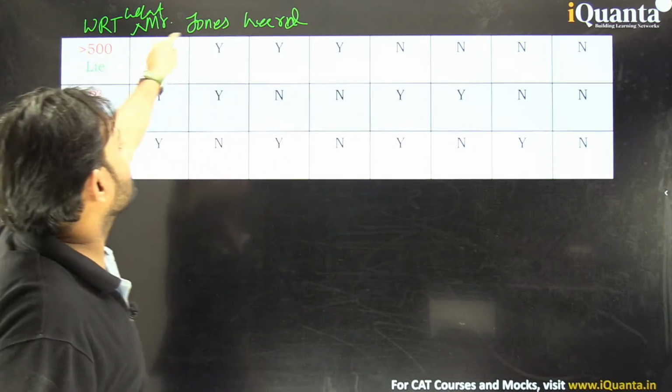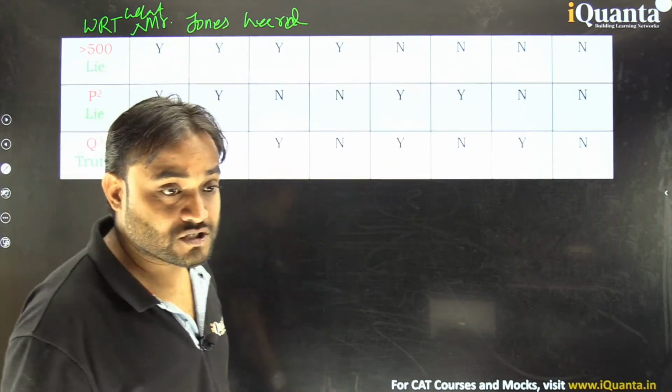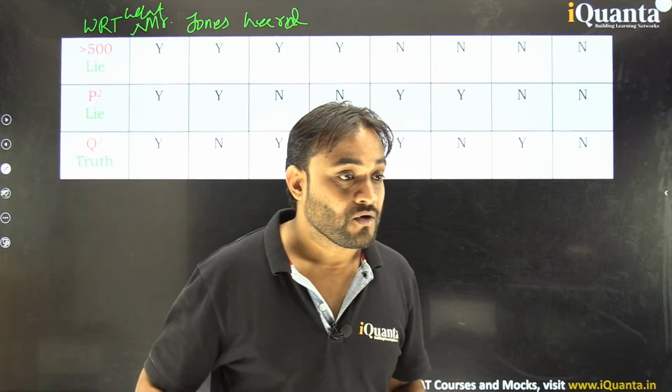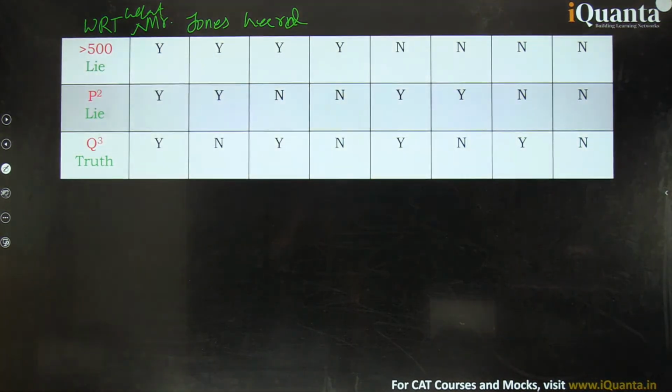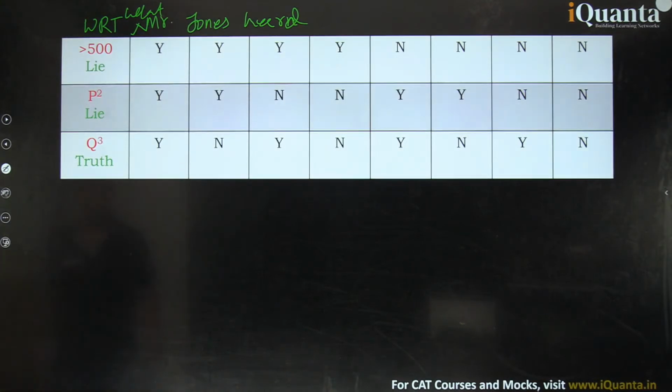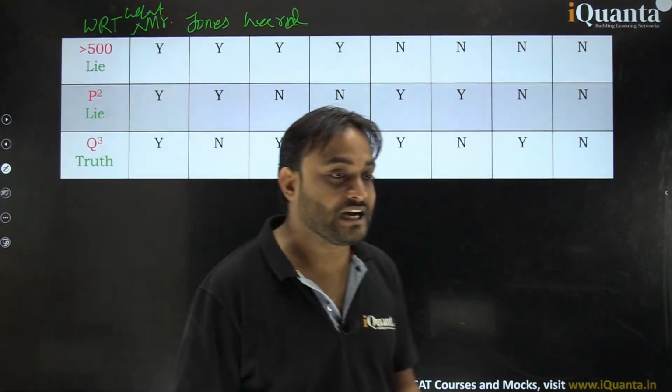So we are going to take it with respect to Mr. Jones, and what we want is 2 outcomes. Okay, is it clear to everyone?